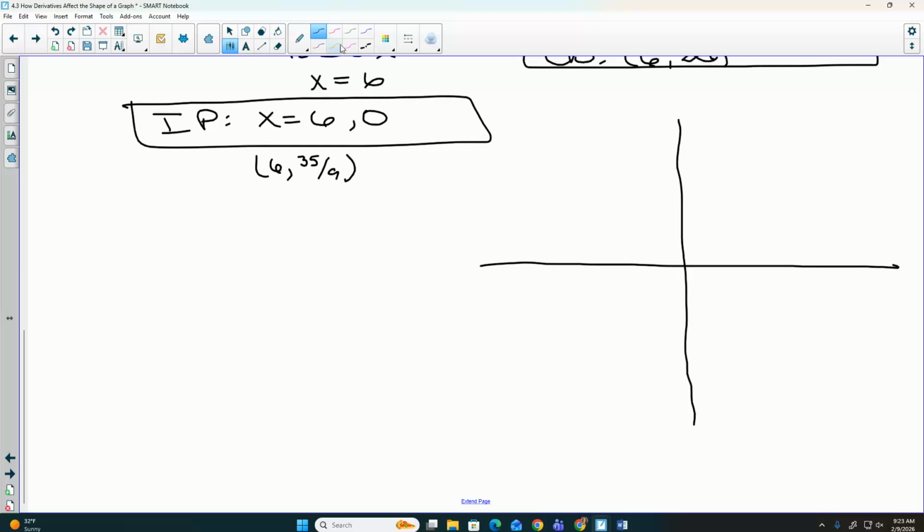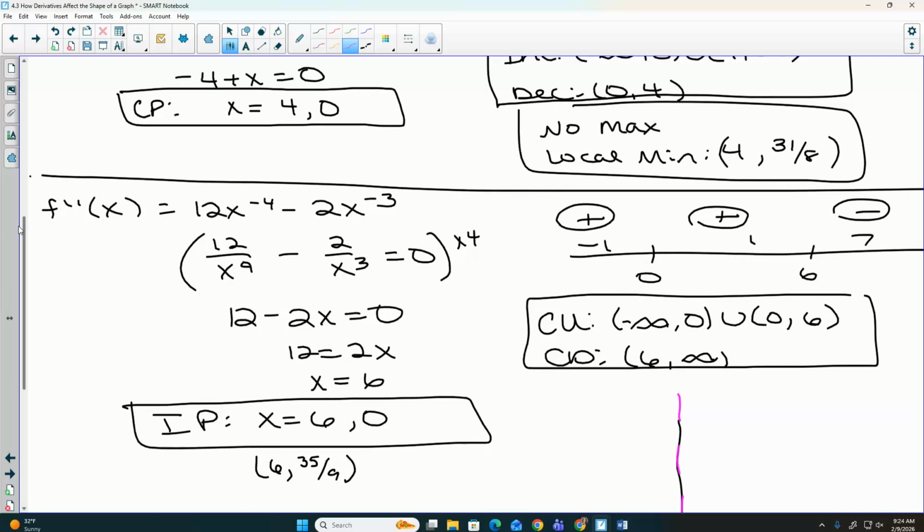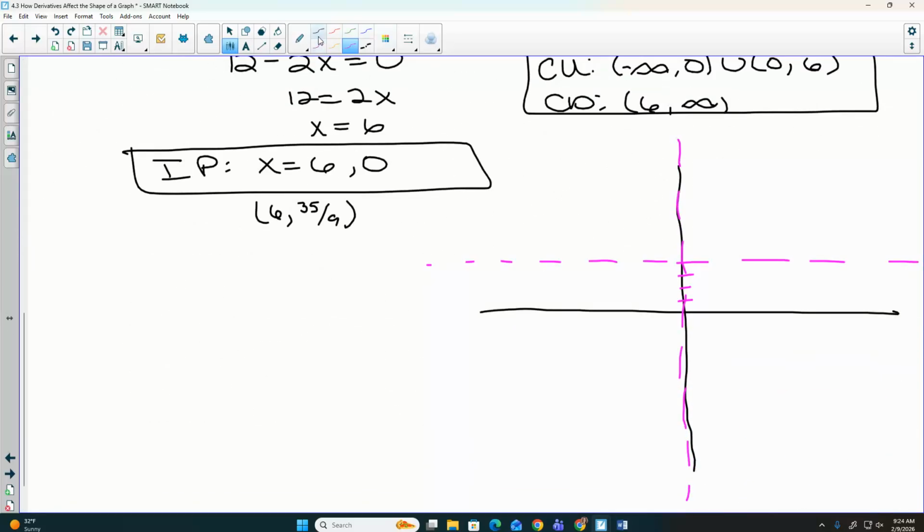Okay, asymptotes are dashed lines. So we have a vertical one at 0, and a horizontal one at 4. Our minimum was at 4, 31 over 8.